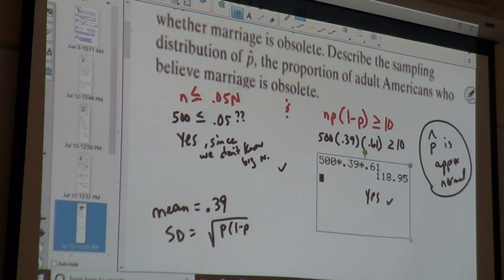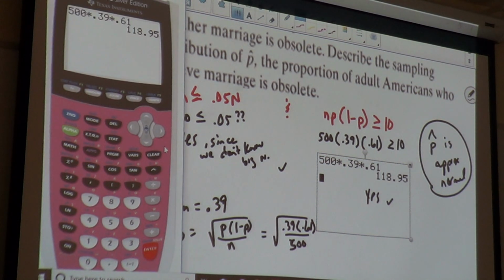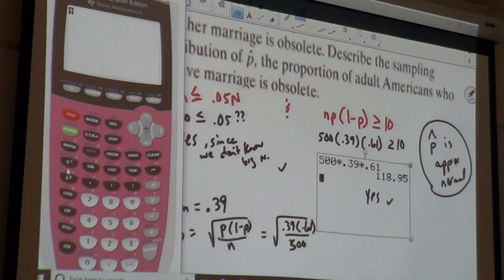The square root of p times 1 minus p over n. So my standard deviation is going to be the square root of 0.39 times 0.61 divided by 500.